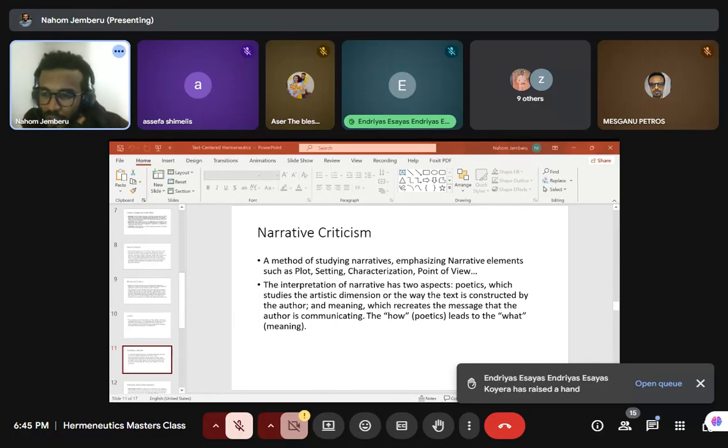For example, if you are reading about David and Goliath, narrative criticism emphasizes how the character of David is being built, how the character is being portrayed, and how it's being contrasted with the adversary. It tries to understand the point of view of the writer, that is, what kind of point of view the actual writer, the implied author, is working from.